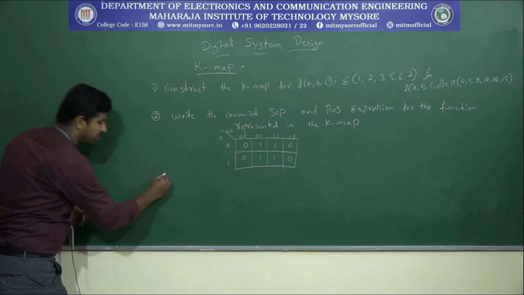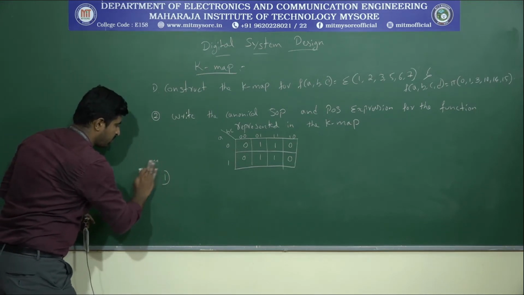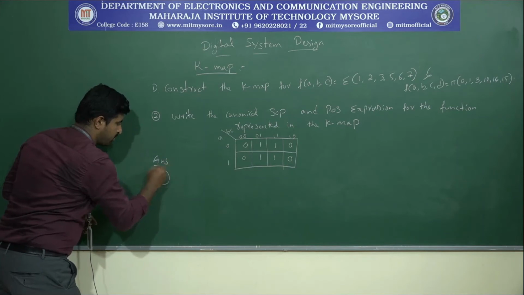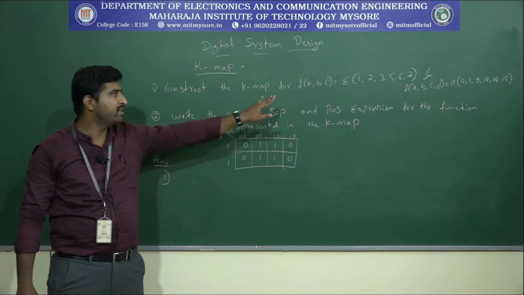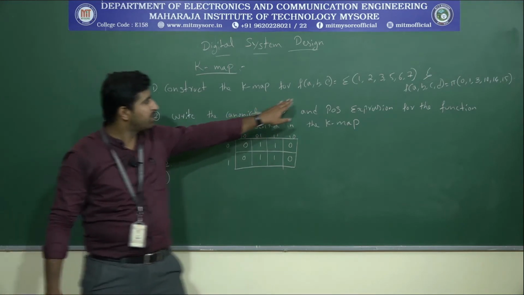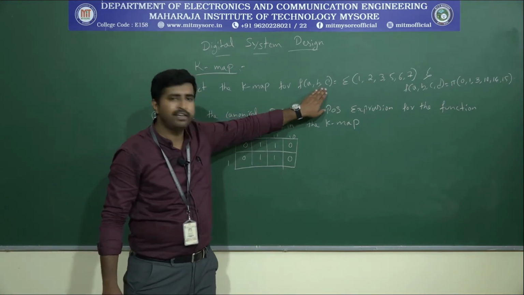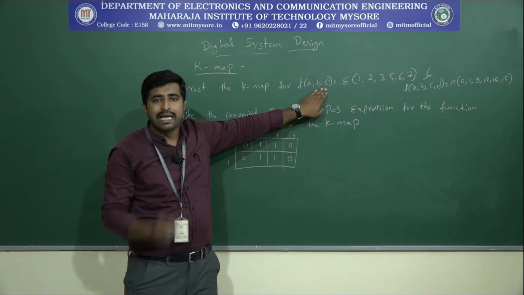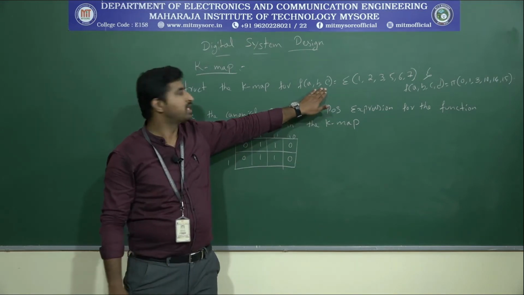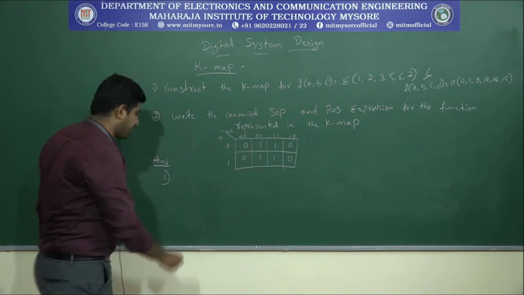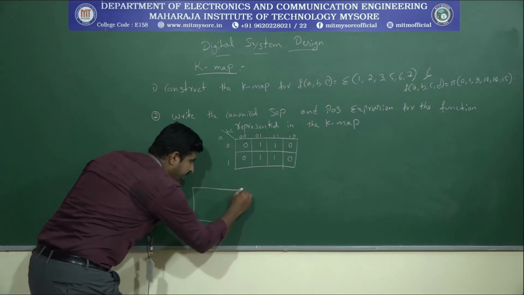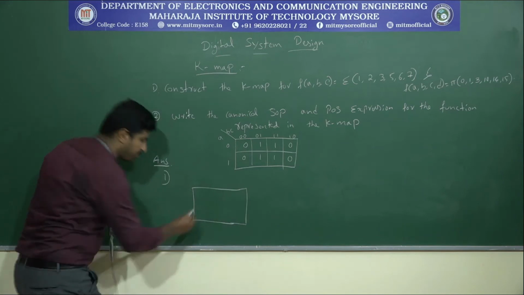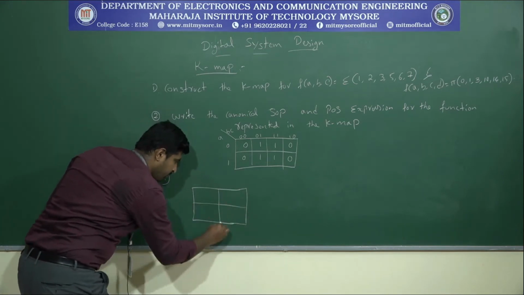So for the first problem, we need to construct the K map for the given function. Since it is F of a, b, c, it is a 3 variable function, which means we need to write a K map matrix corresponding to 8 cells.